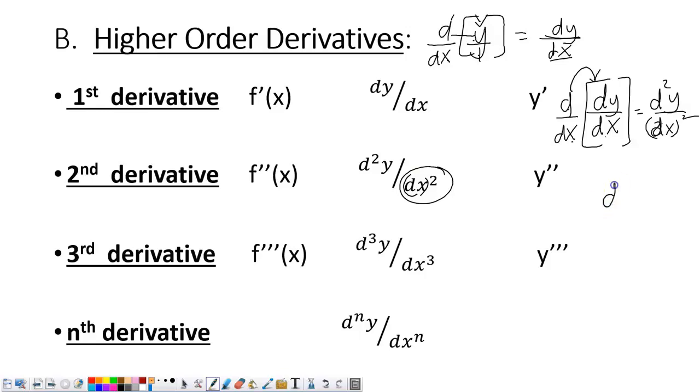So if you were to write it like this, let me back up a little bit. If you were to write it like this, you know what that means? That means this. Now in this case, this literally means you're taking a derivative and you're multiplying it by itself.